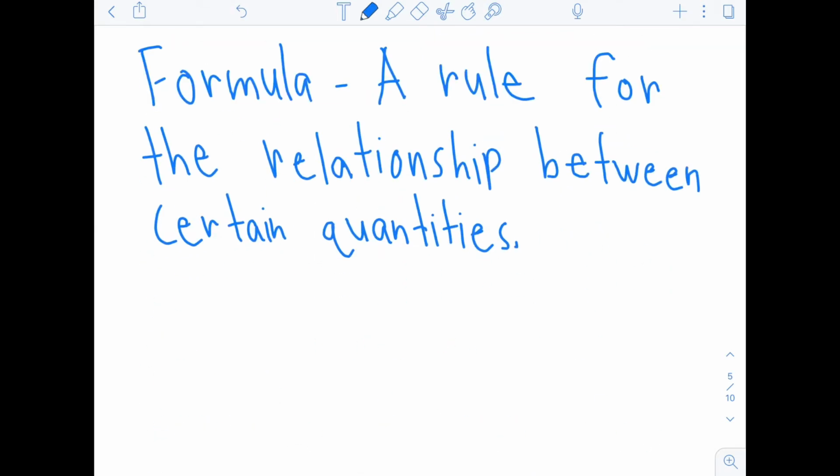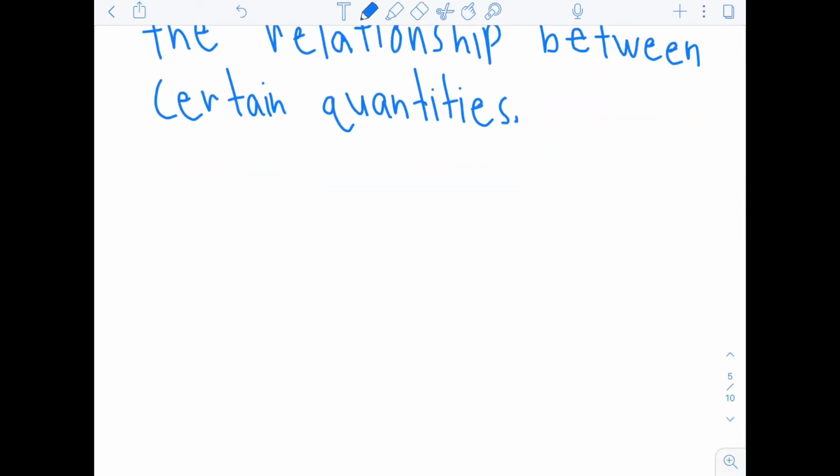Now, a lot of people mix up equation and formula, but a formula is a rule for the relationship between certain quantities. You've probably used some formulas before. For example, to find the perimeter of a square, you add up the sides. So s plus s plus s plus s. There are 4 sides, so that's why I wrote 4 s's.